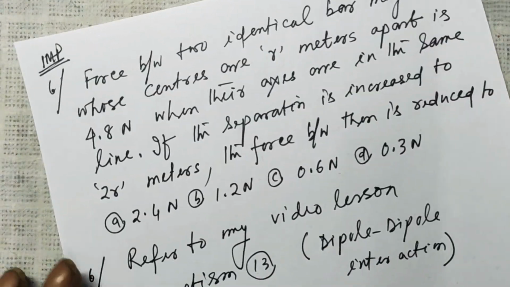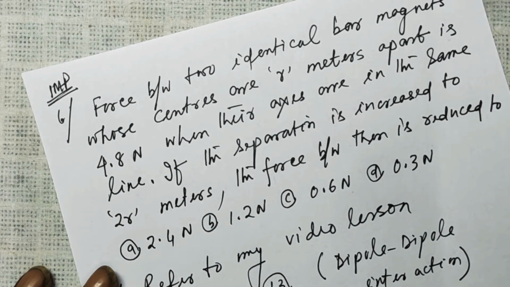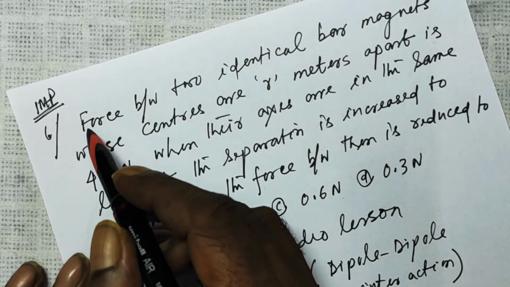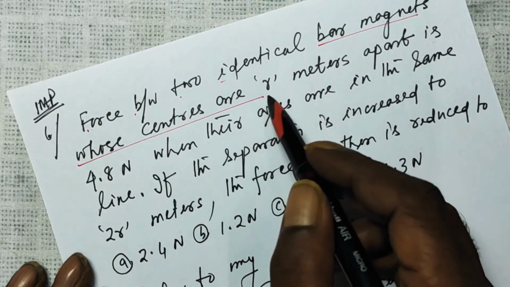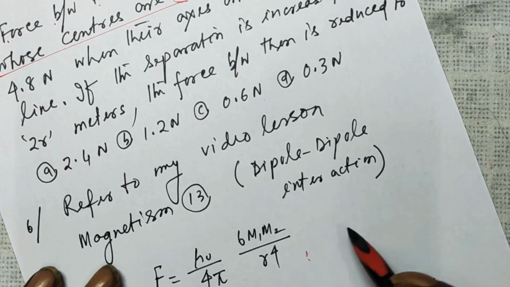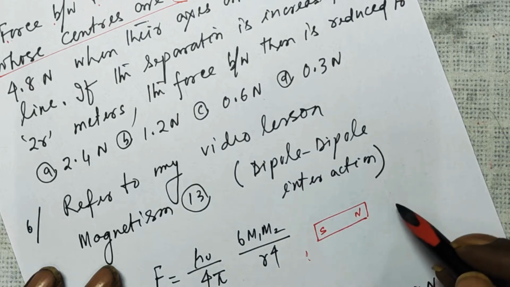Then come back to the sixth one. This is very, very important. This is from dipole-dipole interaction. Find the force between two identical bar magnets whose centers are r meters apart. One magnet is like this, north-south.